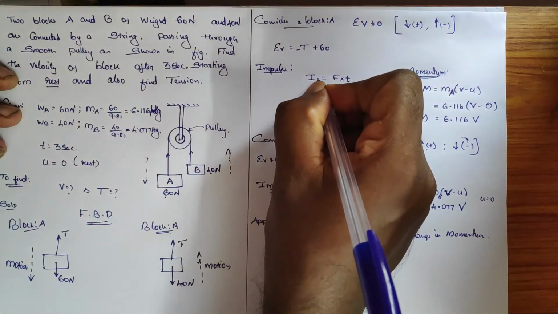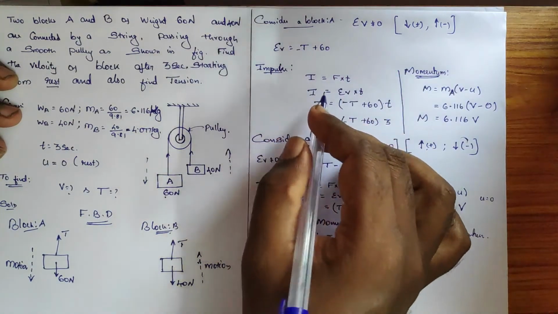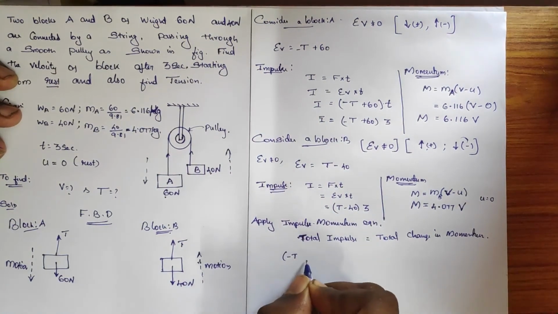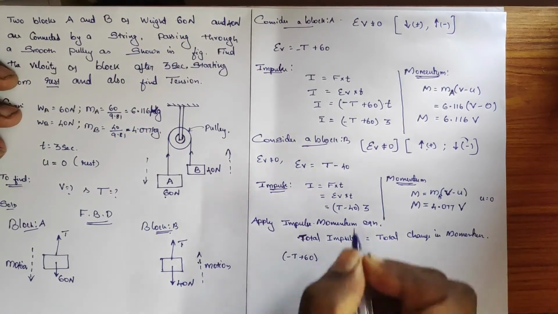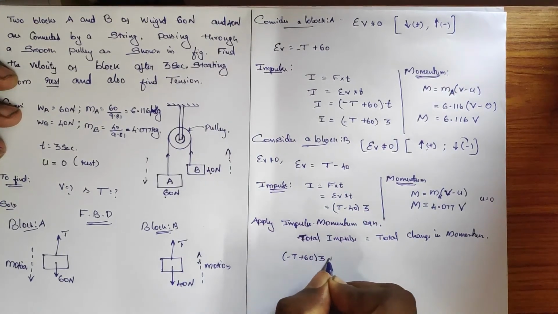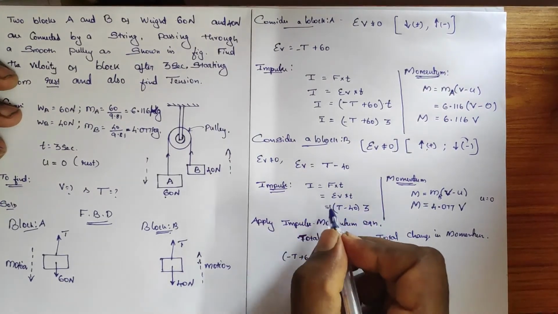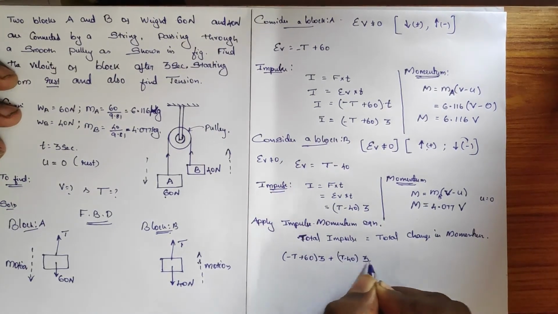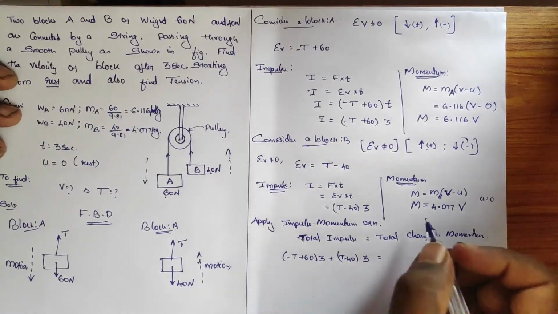So if I consider block A impulse, which is minus T plus 60, am I right? Both the impulses we need to add. So plus the impulse at B, which is T minus 40 into 3, which is equal to the total change in momentum.